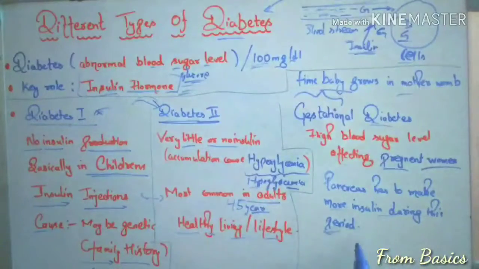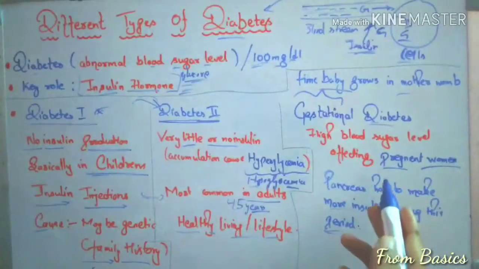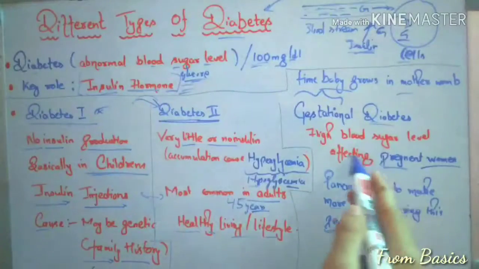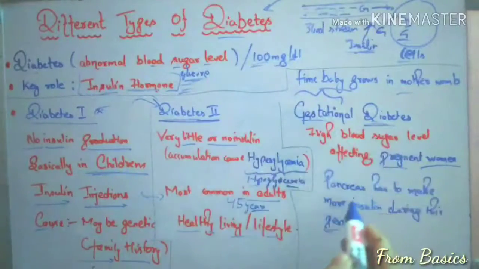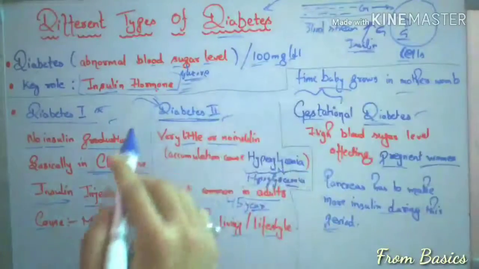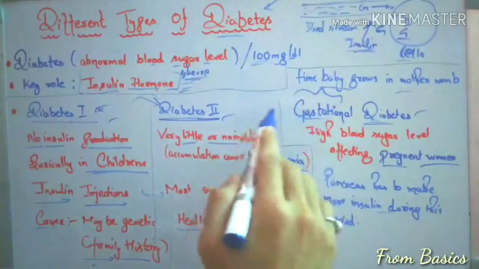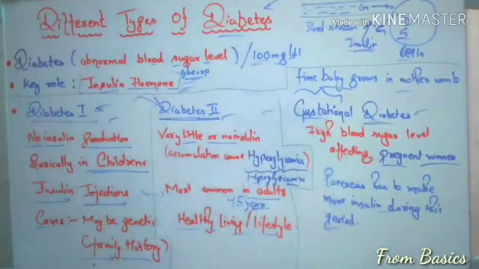An abnormal level of insulin production during pregnancy can cause gestational diabetes. So these are the basic three, the most common types of diabetes prevalent in human beings.